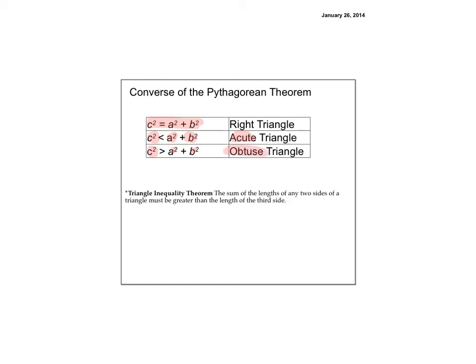So kind of think of it this way. If the biggest side squared is smaller than the other two squared and added, it's acute, with smaller angles, smaller than 90. If your c squared is bigger than the a squared plus b squared, it's obtuse. It's a bigger angle, bigger triangle, obtuse.